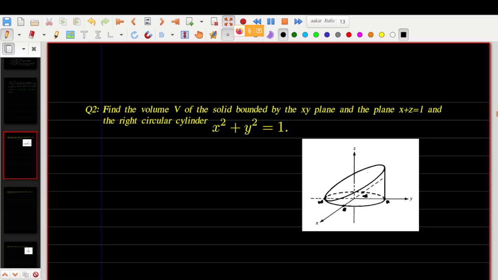So the first step will be to draw the picture. I have already posted it over here, so you can just have a look.